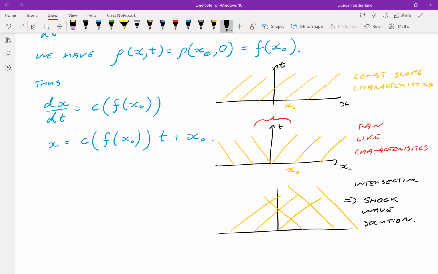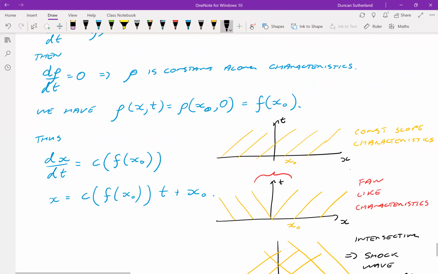So if you've got fan-like characteristics or shockwave solutions, you actually need to modify your PDE problem. You don't actually have enough information to solve the PDE everywhere immediately. You actually have to add some extra stuff to your problem.